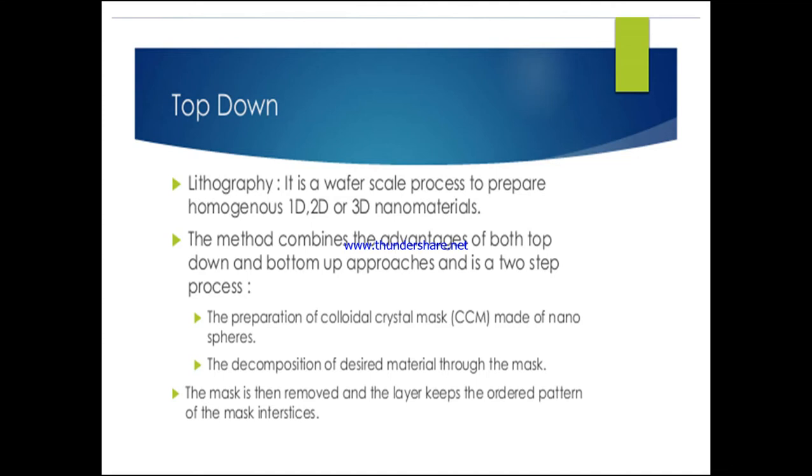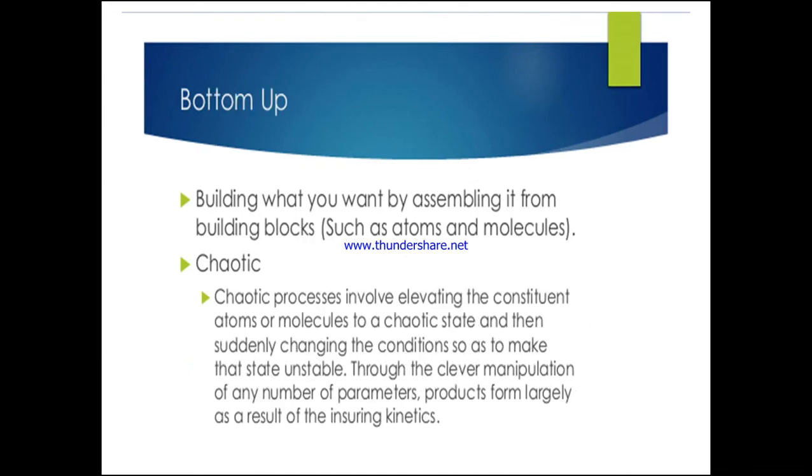It has the advantage of both the top-down approach and the bottom-up approach. It involves the preparation of a colloidal mask made of nanospheres and deposition of the desired materials through the mask. The mask is removed, and the layer keeps the ordered pattern of the mask interstices. So that is lithography.